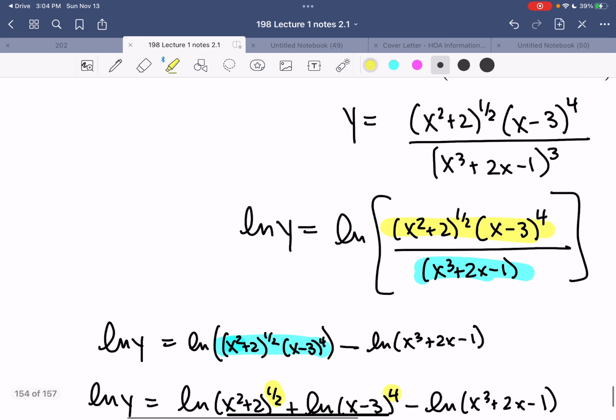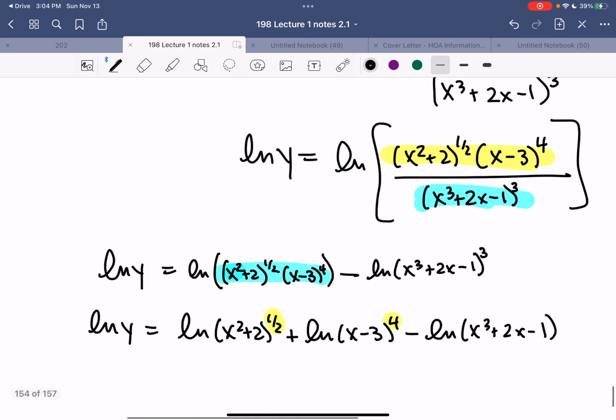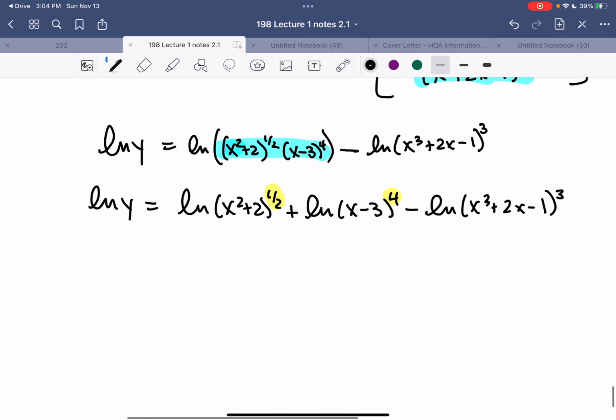Actually, I think I lost a power, didn't I? I did. Let me bring that back. Because each of these has a power. And I have a log rule that says when I'm dealing with natural logs, I'm allowed to bring that power down.